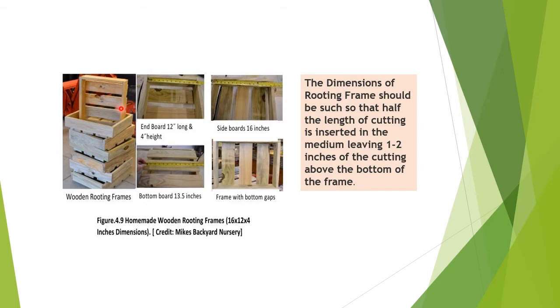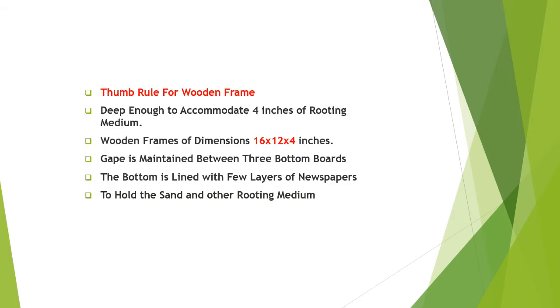So these are the wooden frames which are usually made by the nurseryman. And the thumb rule for the wooden frame is that it should be deep enough to accommodate 4 inches of rooting medium. That means the height of the column should be at least 4 inches. Wooden frame dimensions can be 16 by 12 by 4 inches.